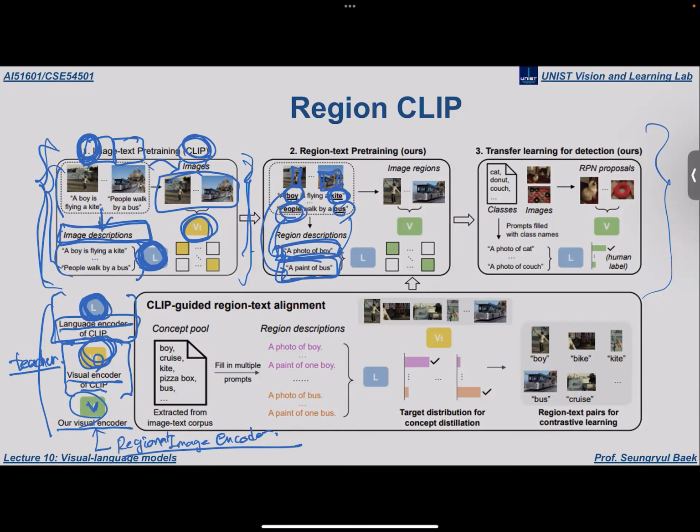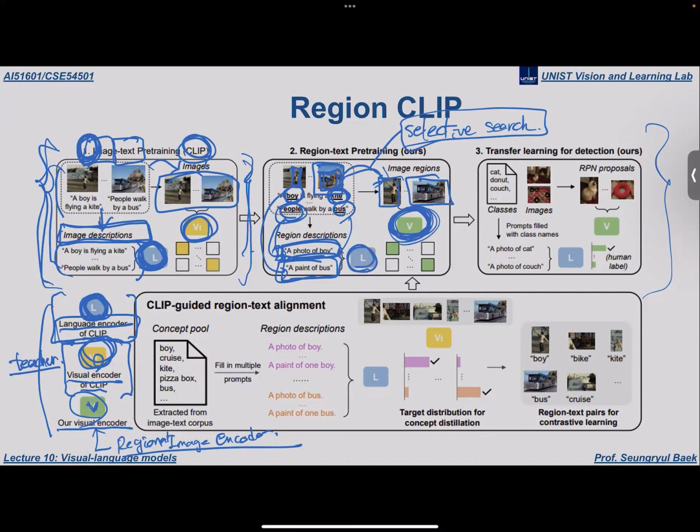And also, from object proposal algorithms like the selective search algorithm, which was used for Fast R-CNN, you can generate some image regions as well, right? And this time, this image encoder is the regional image encoder we want to train.